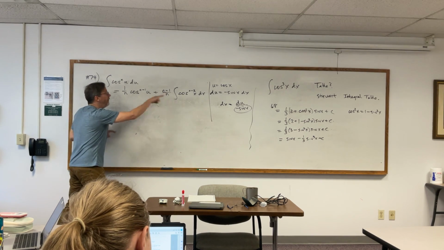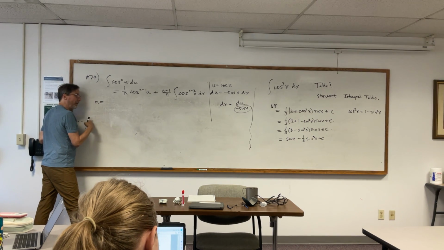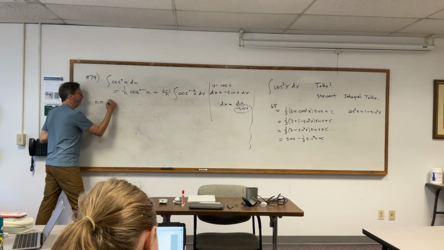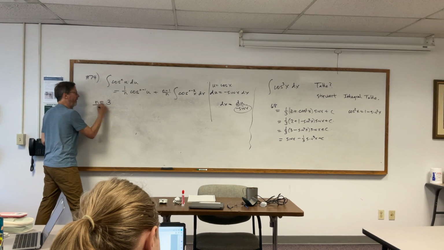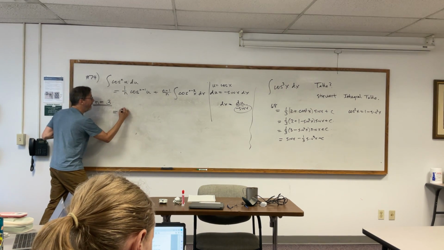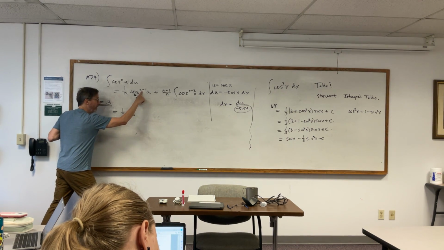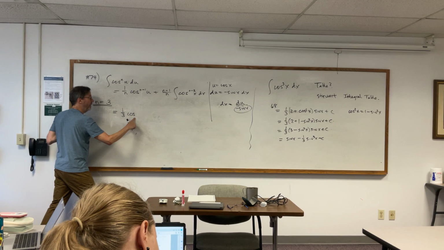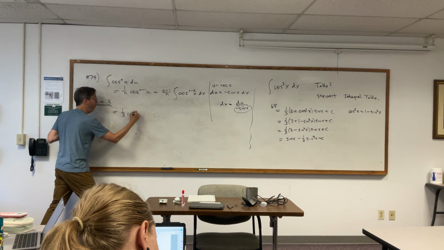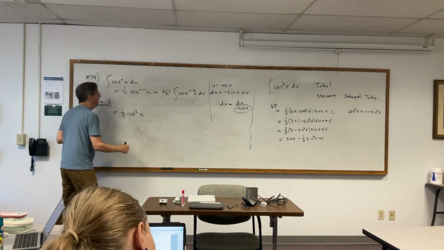So let's use that formula here. What's n for us? 3. 3, absolutely. Because we have cosine cubed. So for us, n equals 3, and I have to identify that. And so by this formula, it's 1/3 cos, what's going to be the exponent of this cos? 2. It's n minus 1, it's 1 less, and let's use x's for our problem.